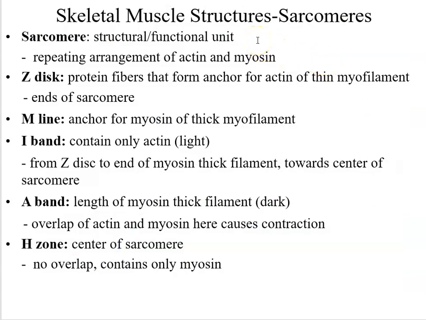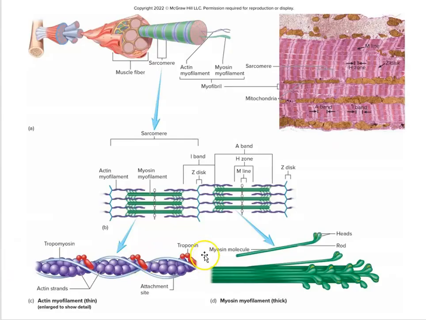Again, this is the structural and functional unit of skeletal muscle cells. It's very important. This is the smallest unit that's capable of contraction. So, when the sarcomere shortens, the whole muscle fiber shortens.